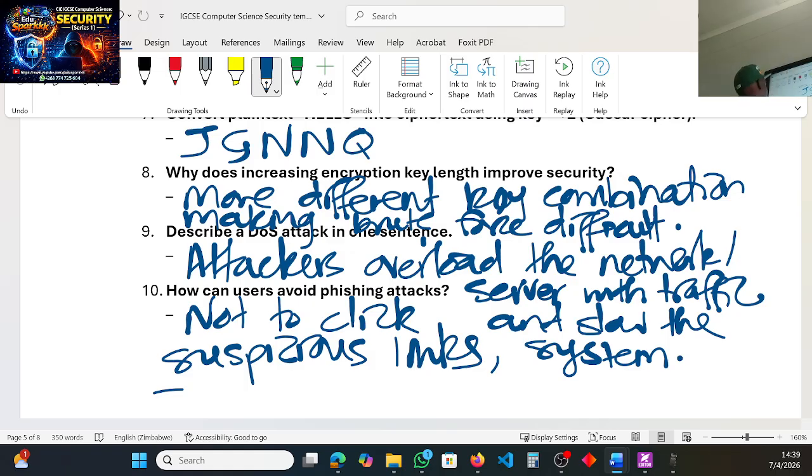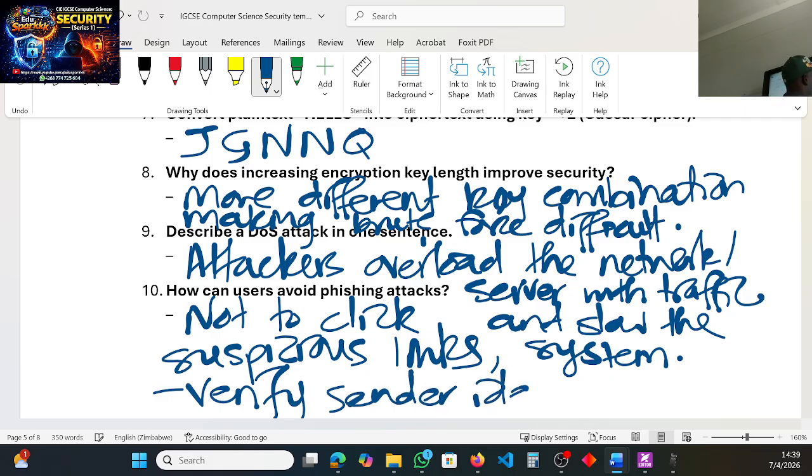You also need to verify sender identity. Is the source of this traffic or data authentic? If not authentic or suspicious, then don't attempt to click, because they might end up directing you to areas where your credentials might be lost.